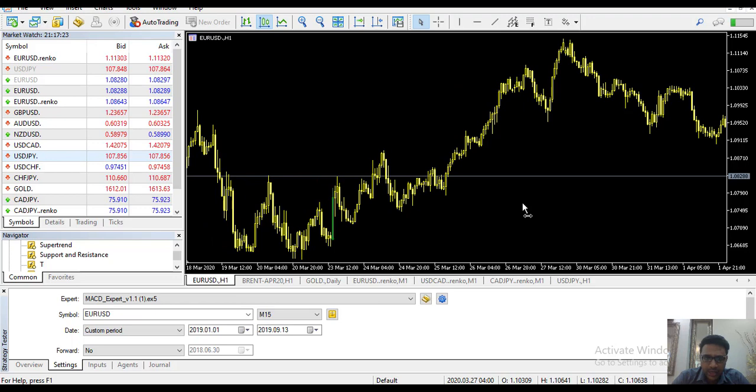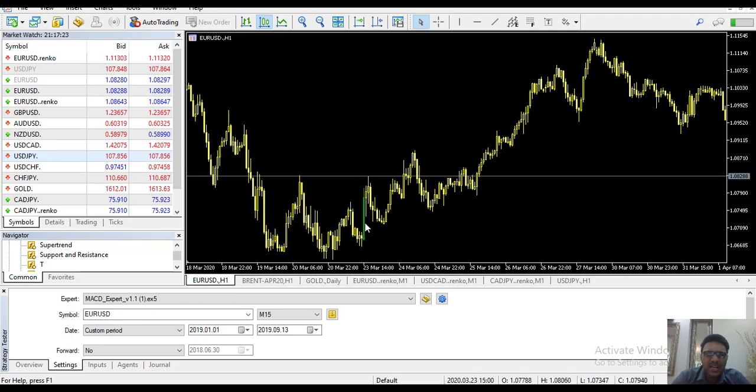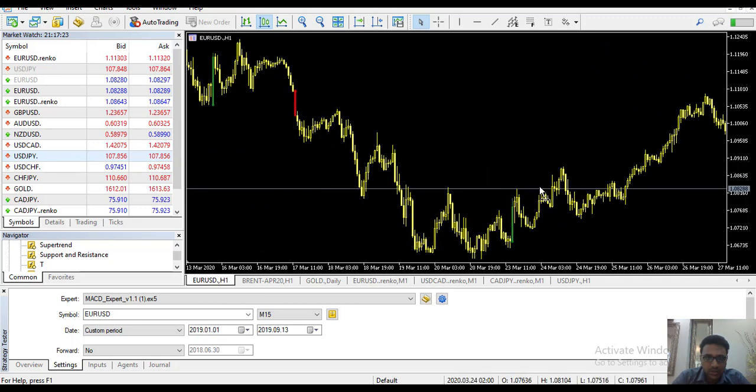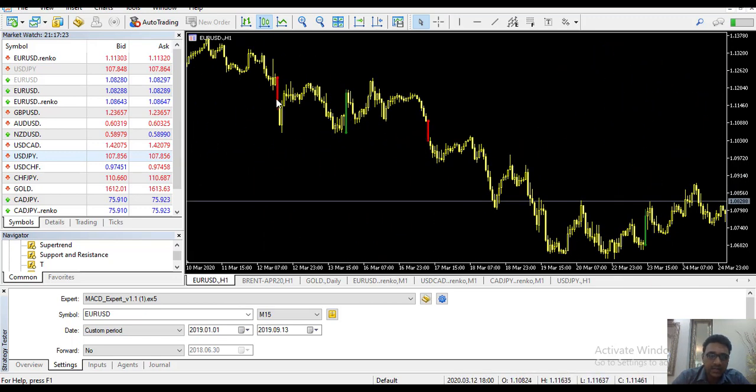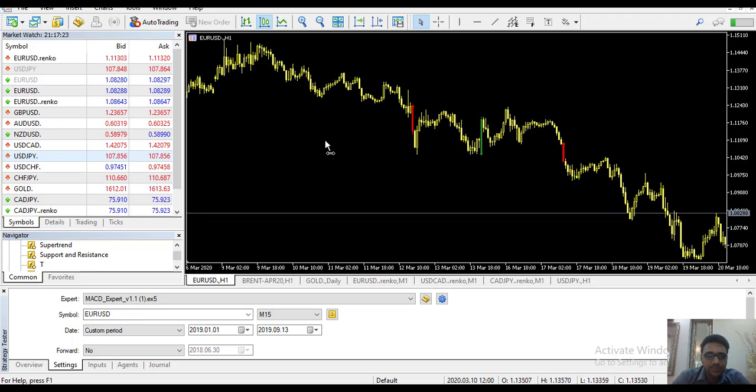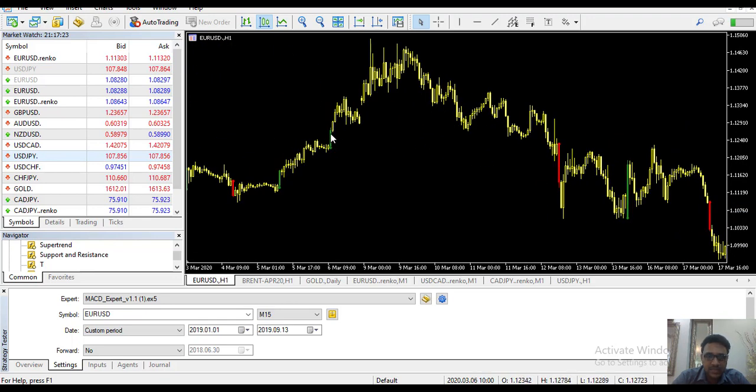So here you can see this is a green candle, a huge one. This is a red candle, this is a green candle, this is a red candle, and these are 2 green candles, and this is 1 red candle.